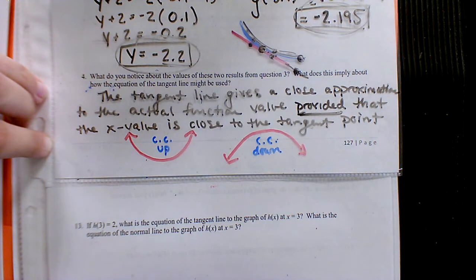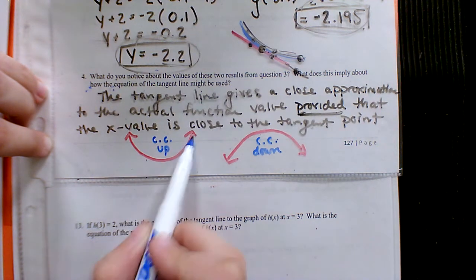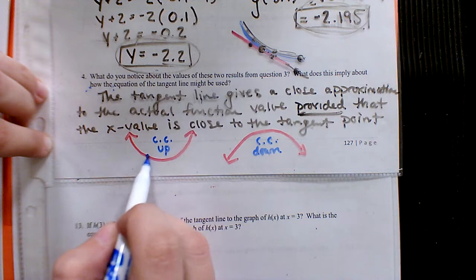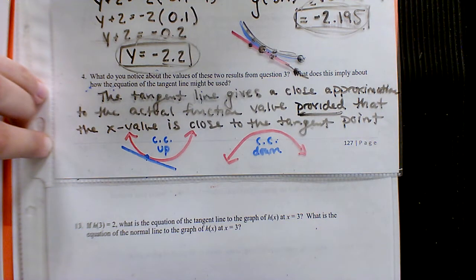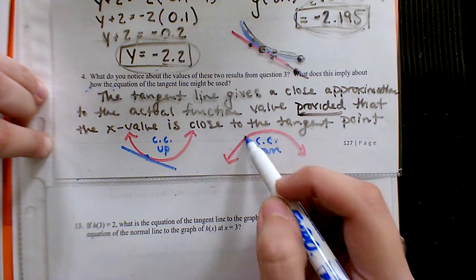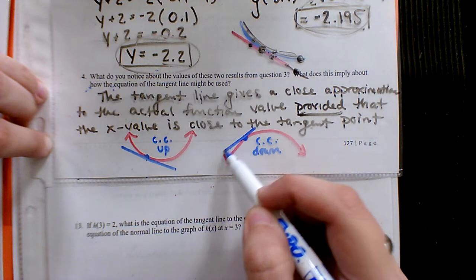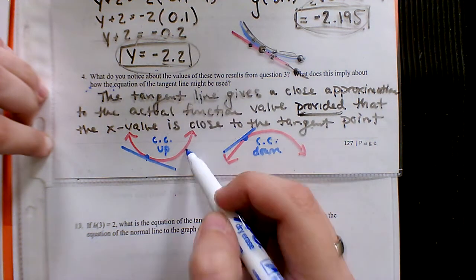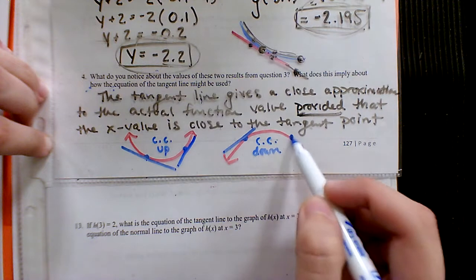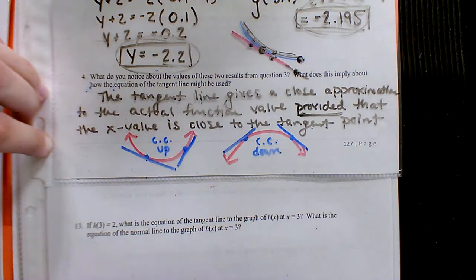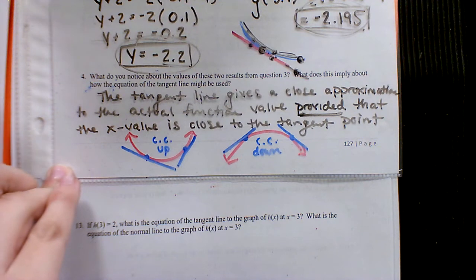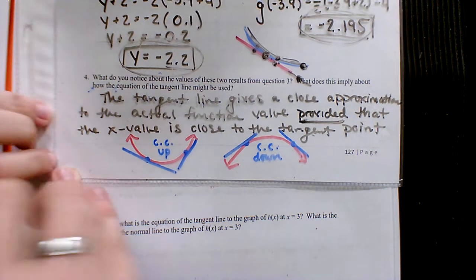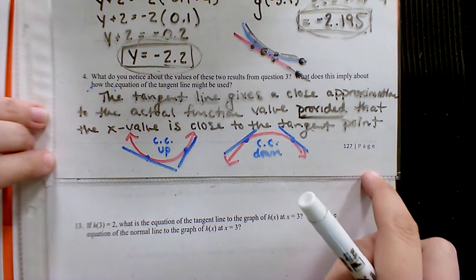So I want you to think about if you were to pick any point on this concave up graph and draw a tangent line, and maybe do the same thing on the concave down. Pick any point you want and draw a tangent line. I'll do some on the other sides just to prove my point. Where are the tangent lines located in relation to the actual graph if you're concave up?